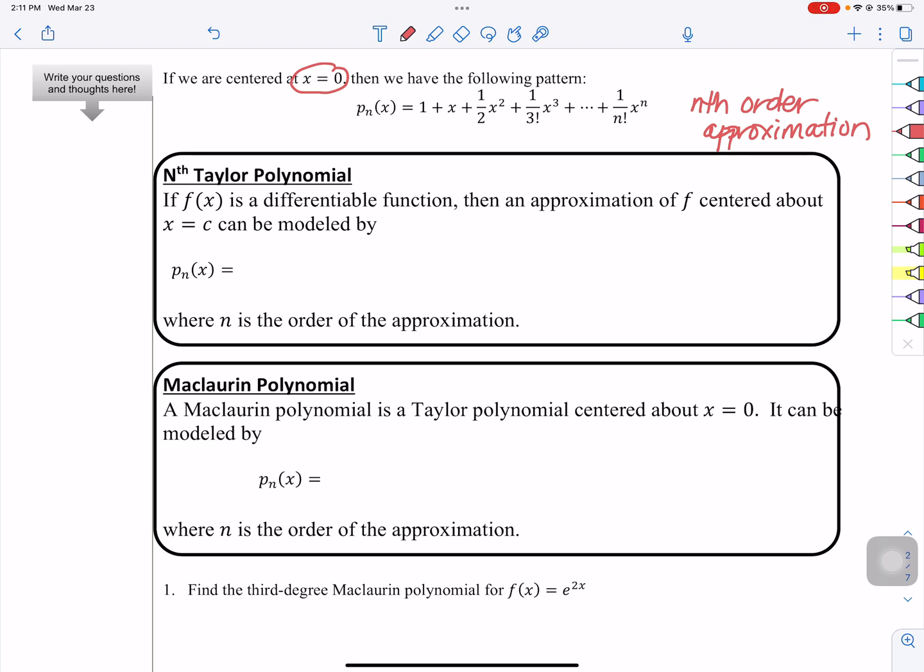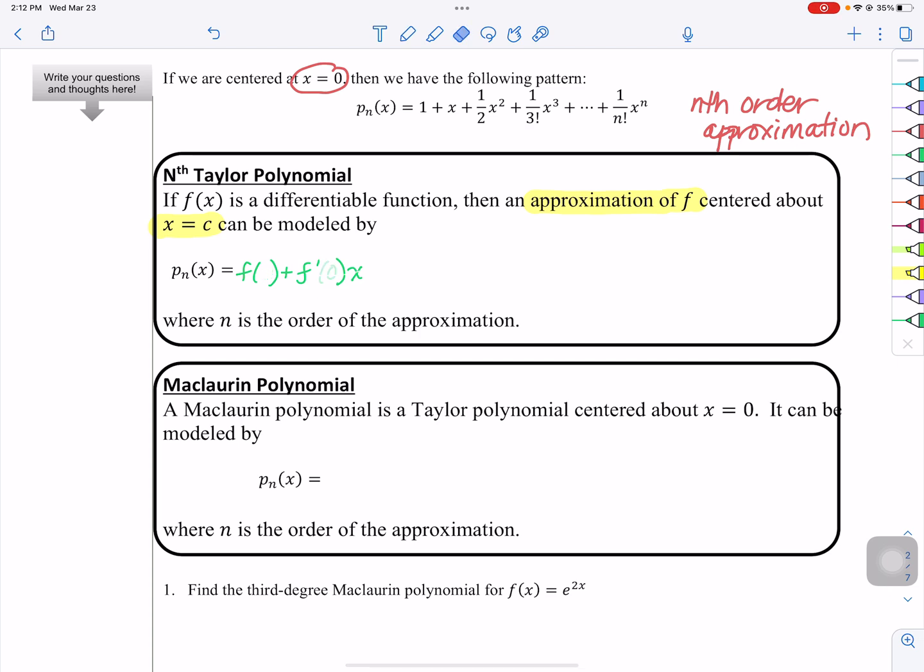And this is how we will write an approximation of f centered about x equal to c. So this polynomial will approximate f when x is equal to c. And it looks like this. f of 0, and that's always going to be your very first term, plus f prime of 0 times x.